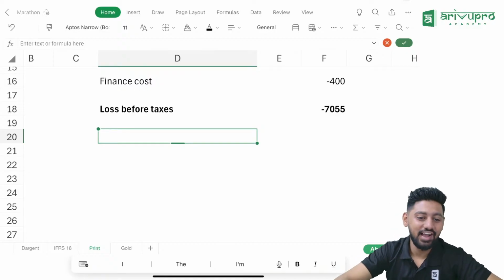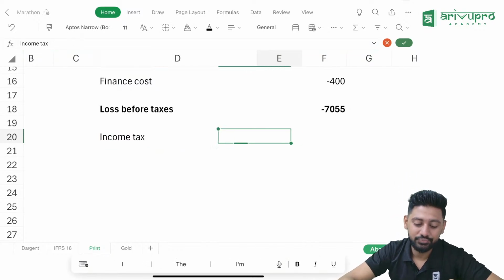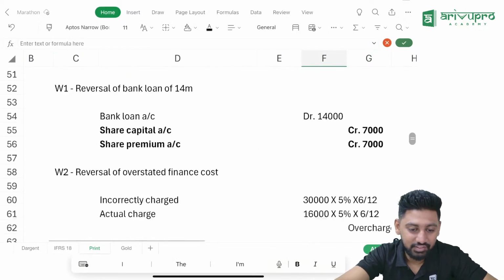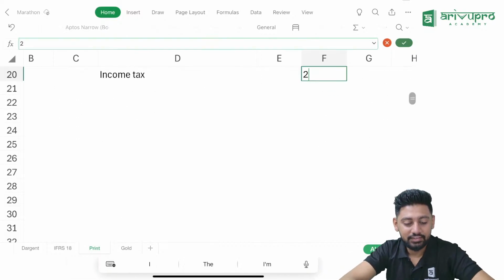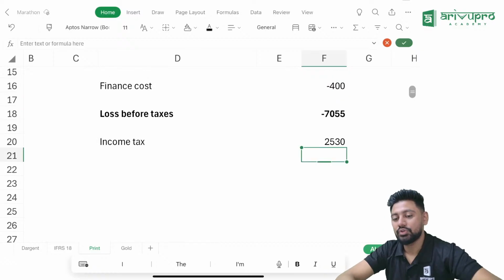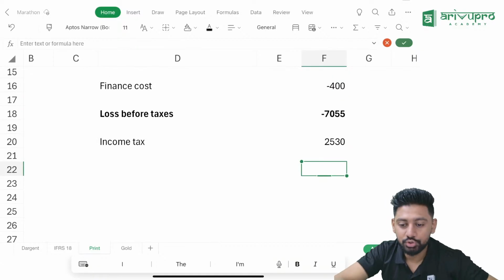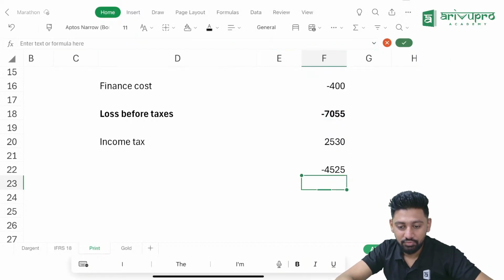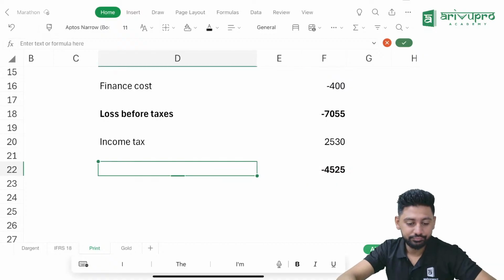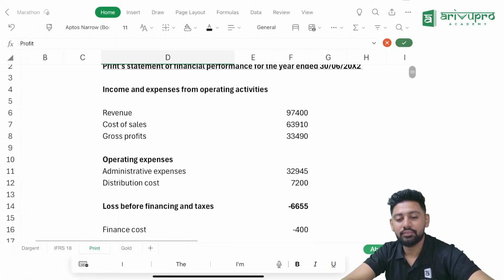And then what do I have? I have my income tax, but this time I have a refund. My income tax refund, they say, is 2,530. There you go. So it's going to reduce my loss. Therefore, my loss will be 4525.